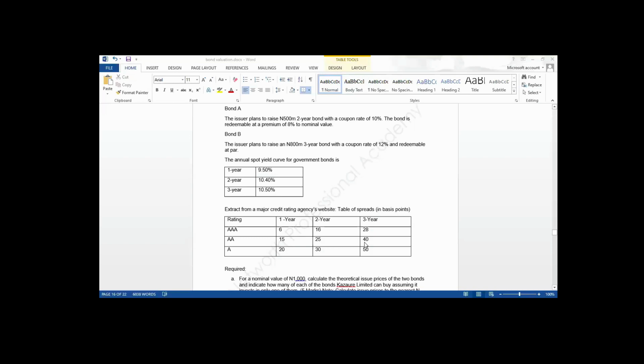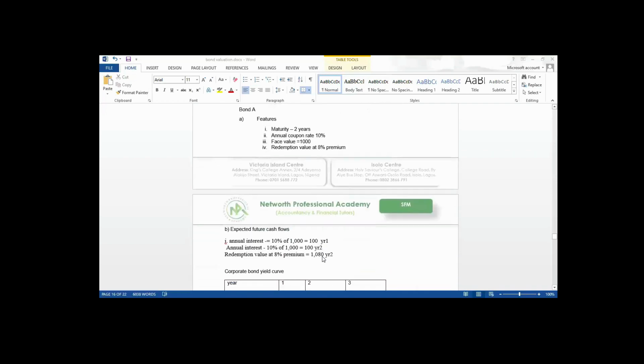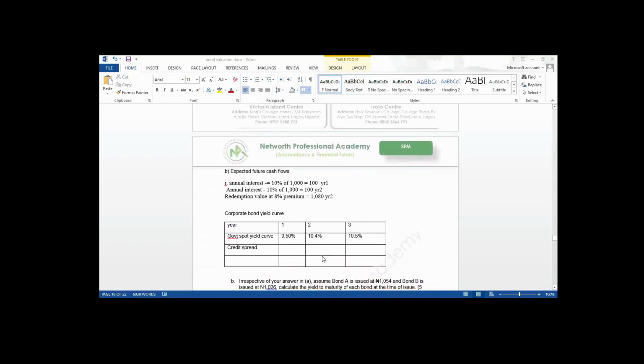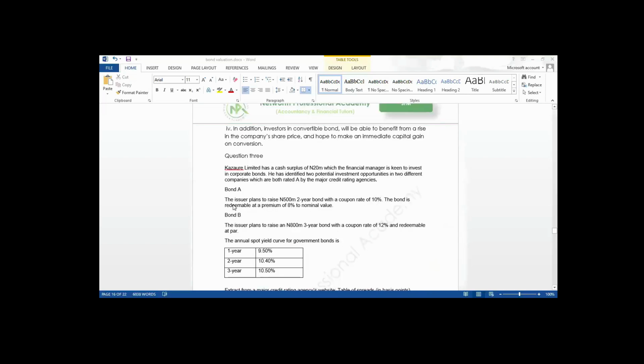Let's continue. Occasionally, you can have network glitch. We only pray that it shouldn't be too much. Now you are given credit spread for AAA, triple A, credit spread for double A, credit spread for single A. Which one are you going to pick? Now go back to the question. Look at it.